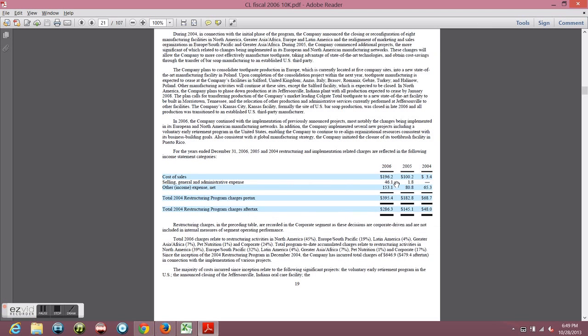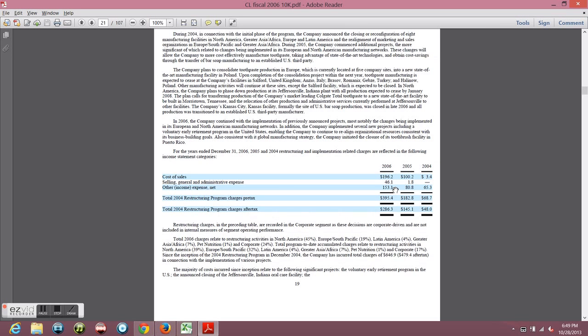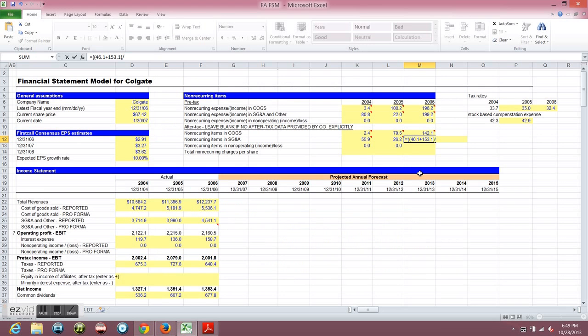First let me put in these numbers: I put a parentheses over here, 46.1 plus 153.1, and then I'm going to divide it by 395.4. And then I'm going to multiply it by 286.3, and that's going to give me the proportion of my SG&A and other, and that will be after tax. Okay, so we got that portion done, and honestly that's probably the easiest part, because now we're going to get to a little bit more difficult thing.